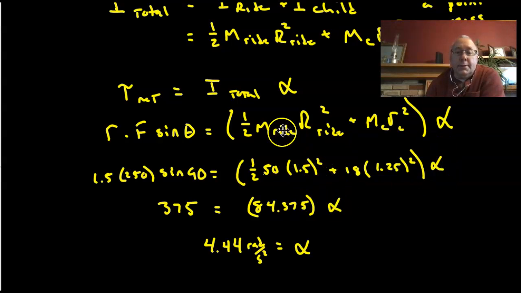And so what we see in this case is when we add the child, located 1.25 meters away from the center, that has a net effect of decreasing the angular acceleration to 4.44 radians per second squared. Okay, so an increase in rotational inertia causes a decrease in angular acceleration for the same applied torque. But that's how you deal with summing up moments of inertia.